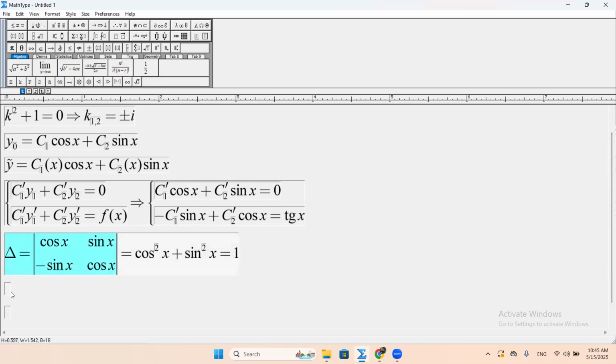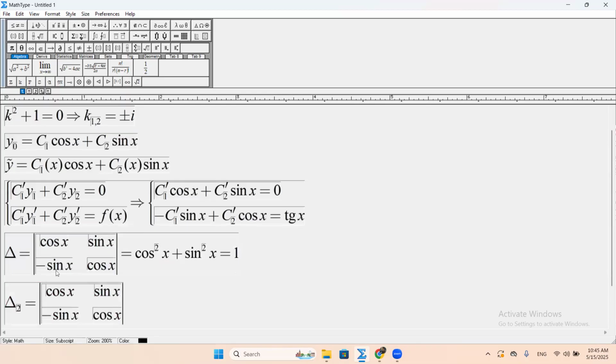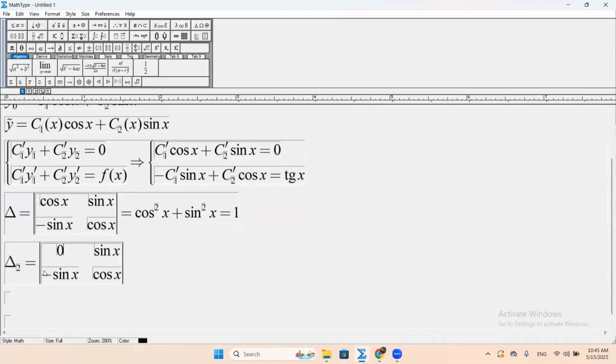Then calculating delta 1. Here will be 0, and here will be tangents of x. So we received minus sine of x by tangents of x. And what about delta 2?